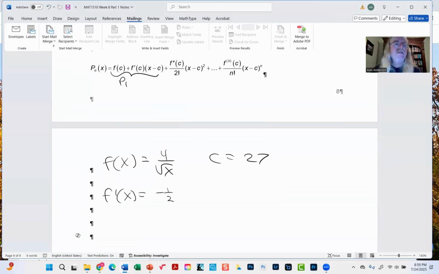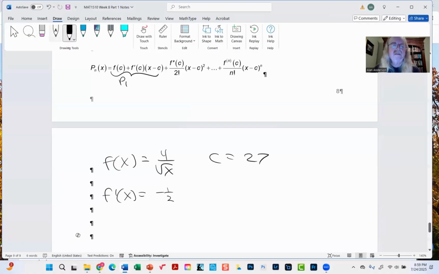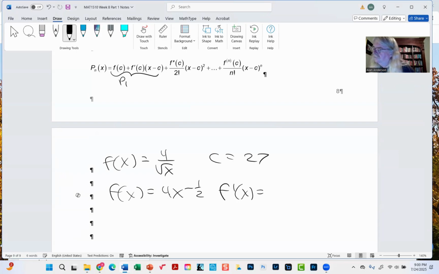Let me see if I can streamline this a little bit. I'm going to rewrite this a little bit, make it a little simpler. Great. So we need to know f of 27. All right. So what is that equal to?